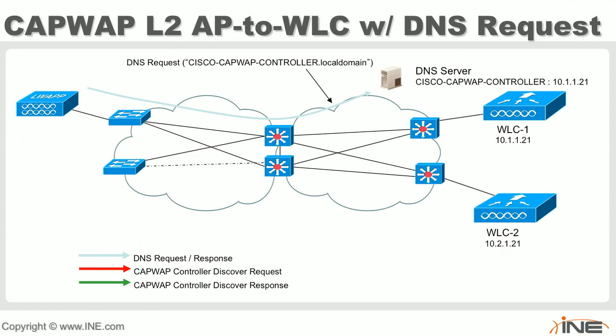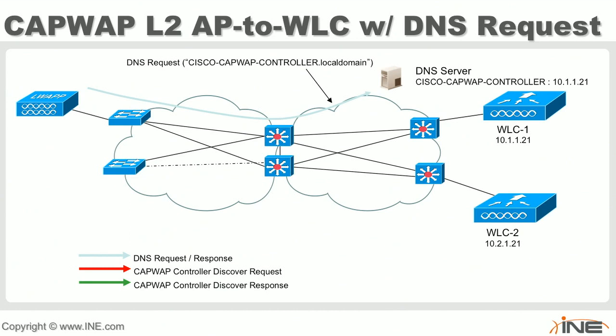So the LWAP would know of a DNS server. It would do a DNS request because it didn't hear anything back from the broadcast. It did not hear anything back from the DHCP server in regard to option 43.